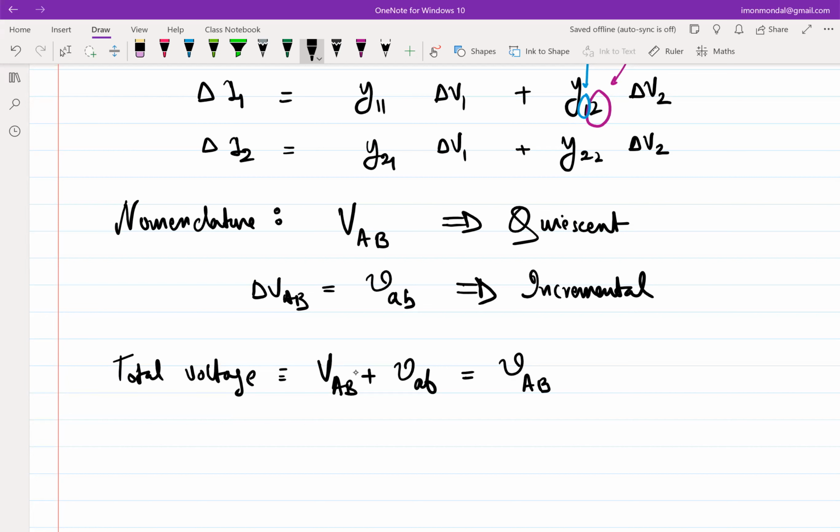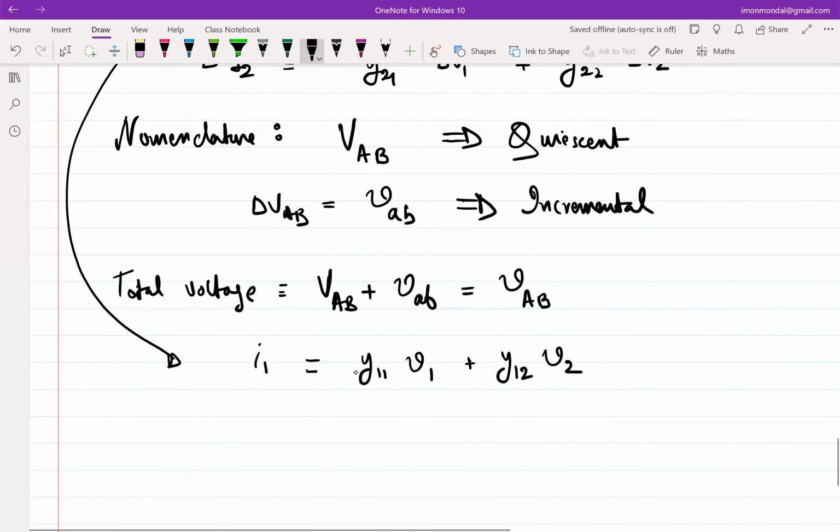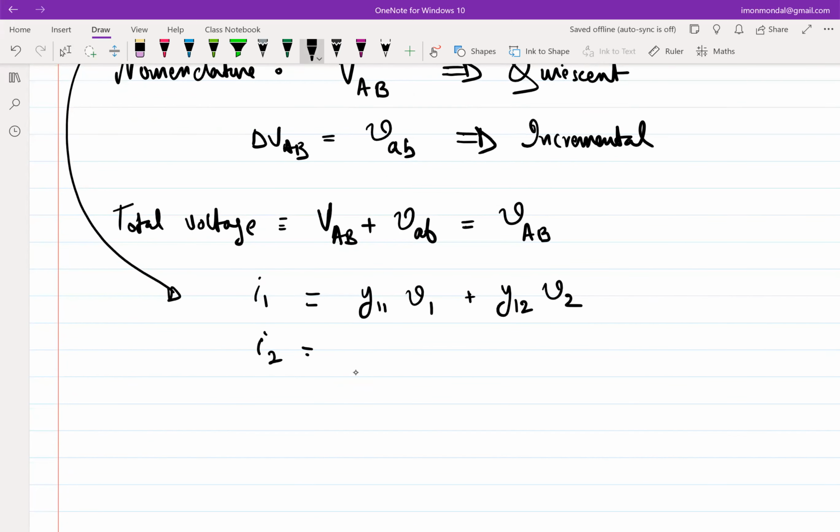So del I1, small i1, is y11 small v1 plus y12 small v2. Similarly, i2 will be y21 v1 plus y22 v2.